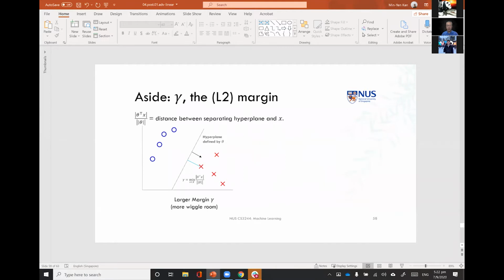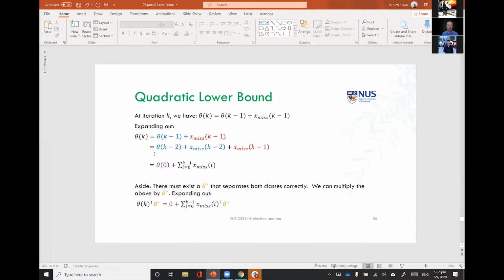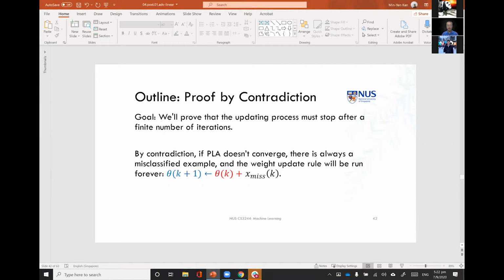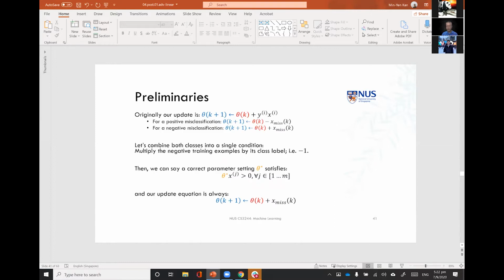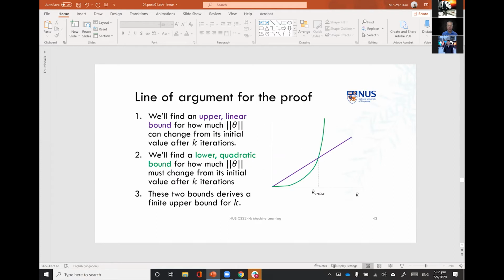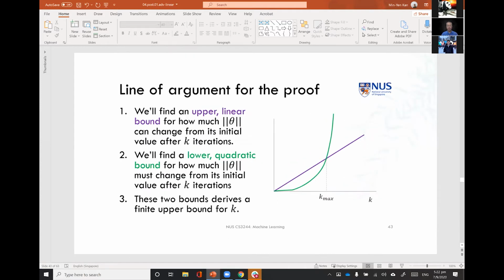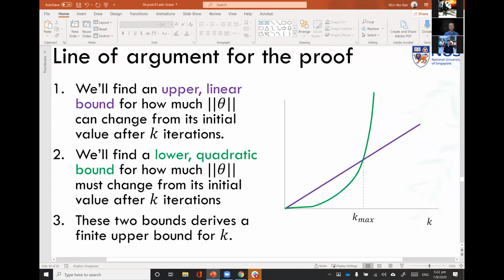Okay, so basically what we're looking at in the perceptron learning algorithm, when we're trying to do the convergence, let me just try to outline what we're trying to do here. The basic idea is that we want to come up with a proof for convergence. So we're thinking of the iterations of the perceptron learning algorithm, and what we want to do is find a fixed point.